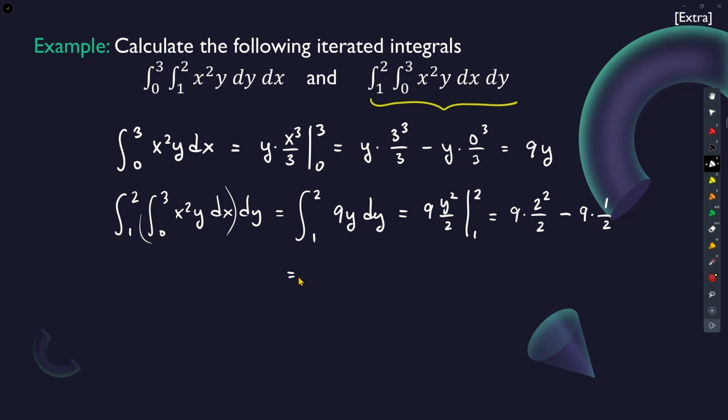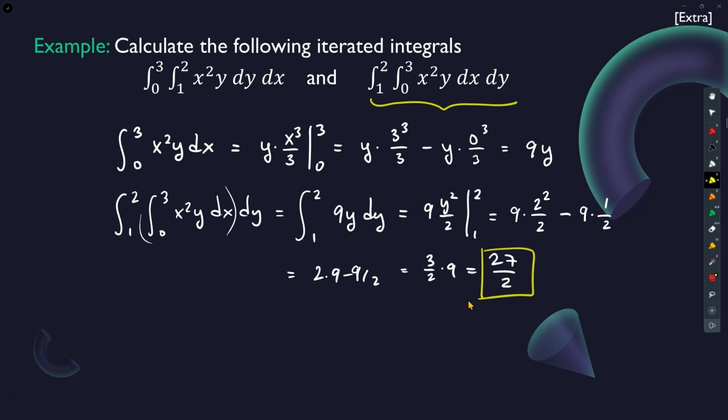So that is 2 times 9 minus 9 halves. So that is 3 halves of 9, which is 27 divided by 2, which is the same answer we got before.